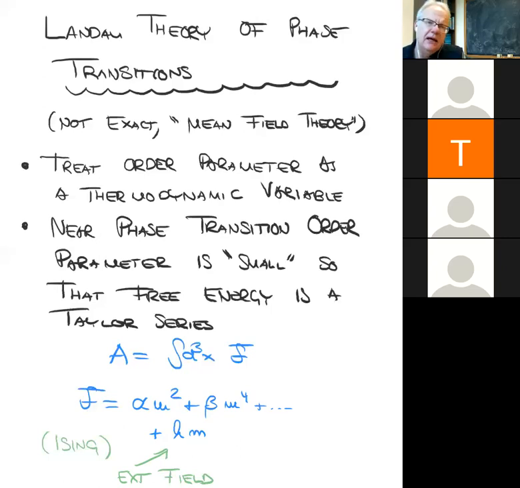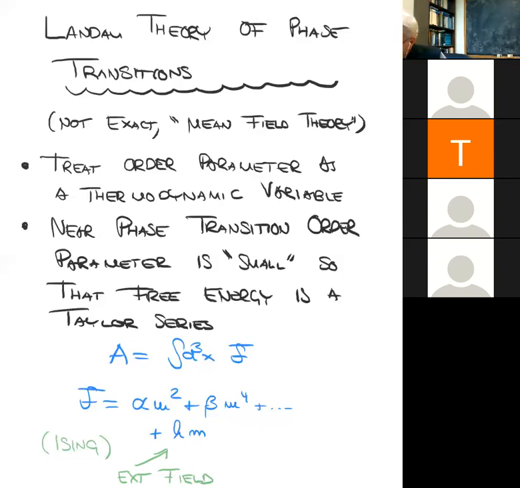Since this m is a coarse-grained variable, which is a function of ordinary real space, m is a function of x. So we will, in general, allow this free energy density to have gradients of the magnetization. I think we actually encountered this before when we looked at free energy densities as a function of the density.